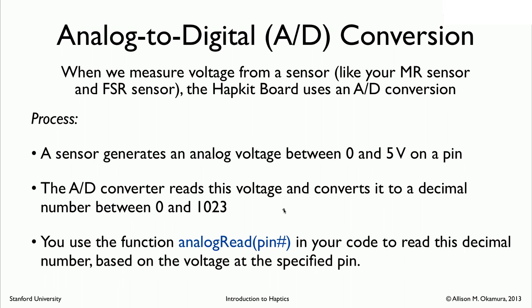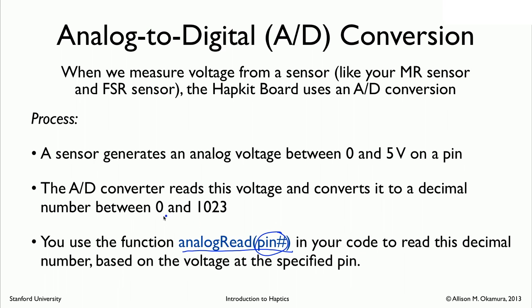So the final step is what you actually program into your HapKit board. And what you will do is use this analogRead function in your code. And you specify a pin number and that pin number has to be one that can take in analog signals. And that will read out a decimal number based on the voltage at the specified pin.